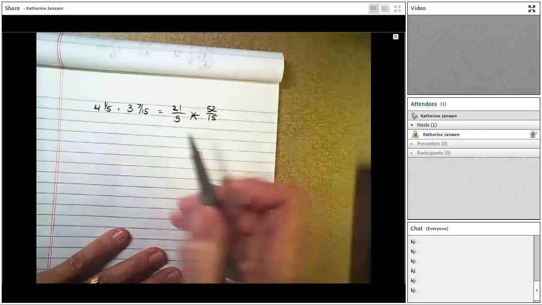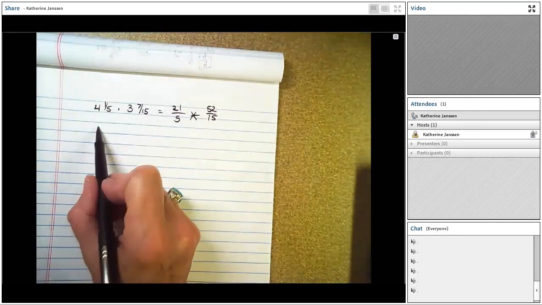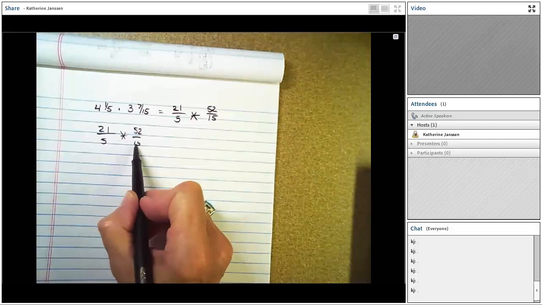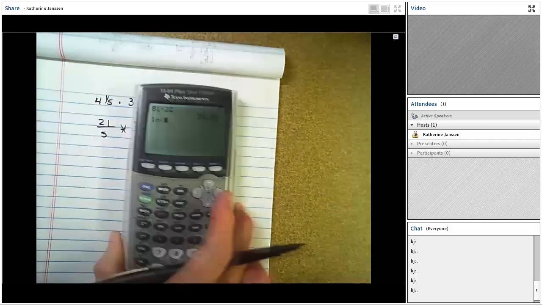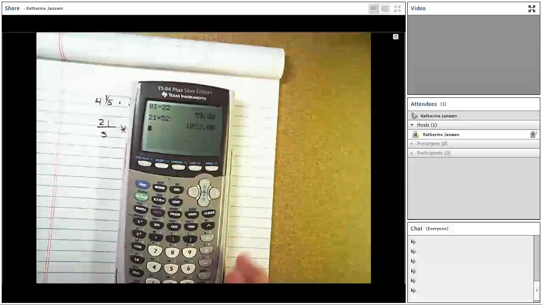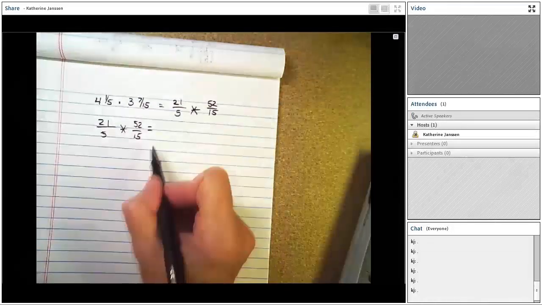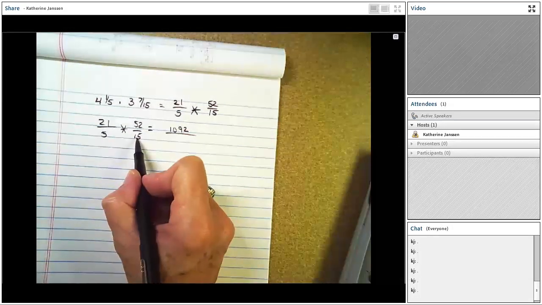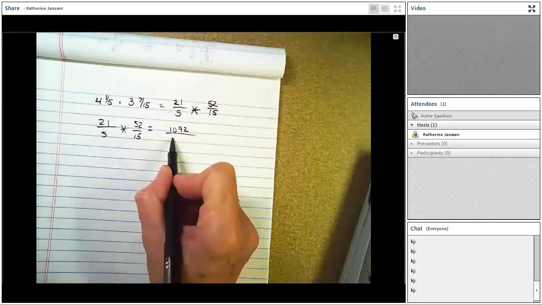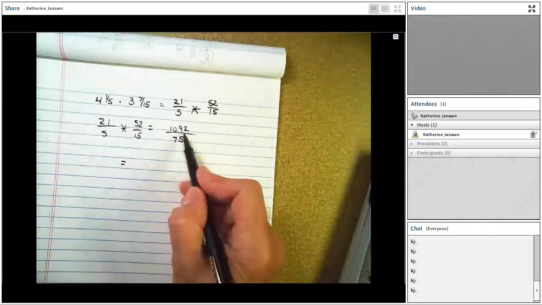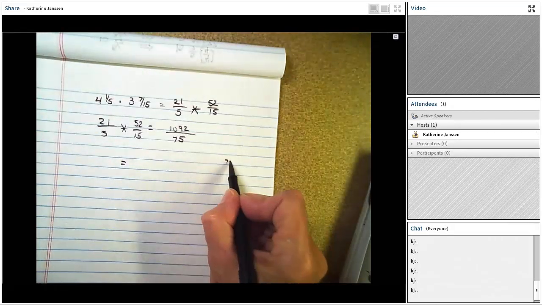Now, multiplication of fractions is a piece of cake. 21/5 times 52/15. 21 times 52 is 1092. And 5 times 15 is 75. So 1092 divided by 75.